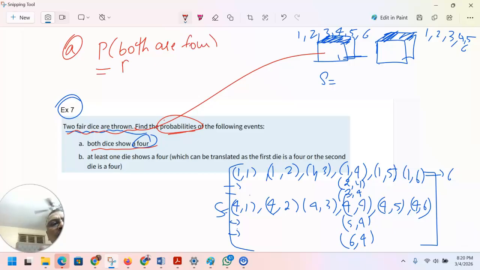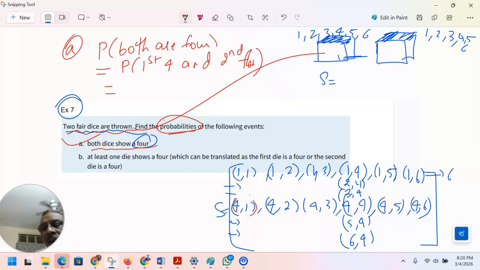What that basically means is the first one is 4, and the second also is 4. Okay. Now you can count which are the options that you can see. So this one, there is a 4. For the first part, there is only one first 4, and this is 4. So this is only one.